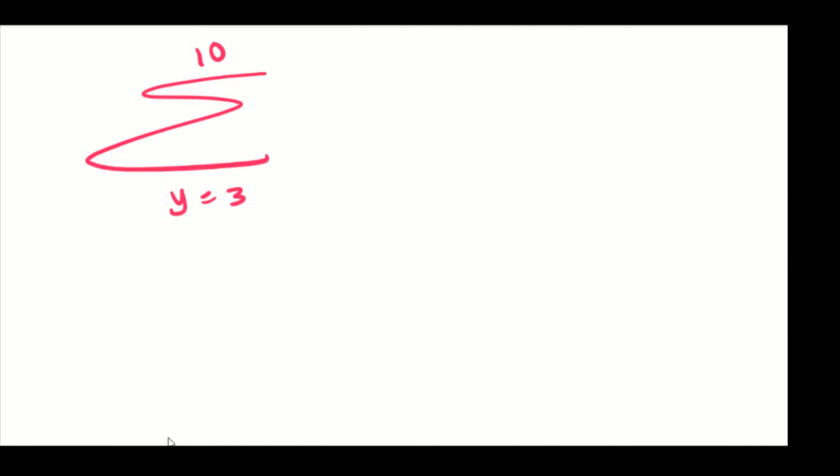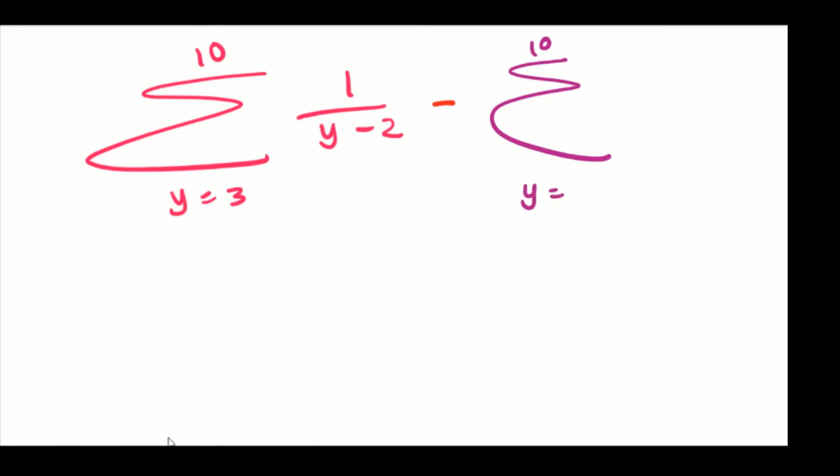We have the sum from y equals 3 to 10 of 1 over y minus 2, and then minus the sum from y equals 3 at the bottom to 10 at the top of 1 over y minus 1.